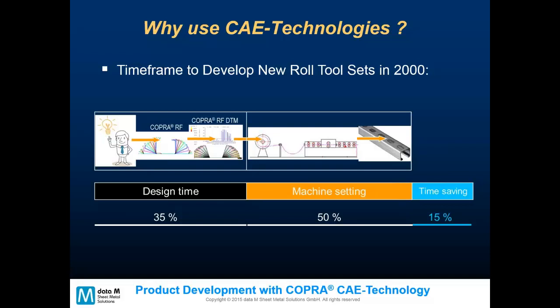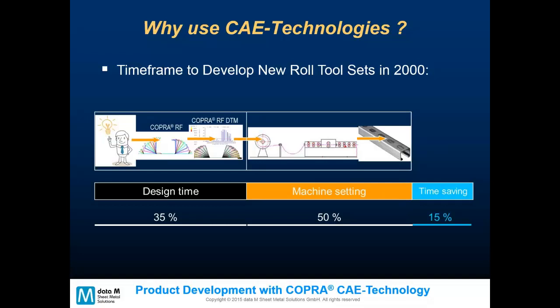And in doing so, the end result is ultimately a reduction in the machine setting time, the machine setup, the verification of the tooling, because already we're using the computer technology, the software, to help us reduce strain in the design. And overall, if we consider that against the original product development time for a new set of roll tools, there's an approximate time saving of circa 15%.